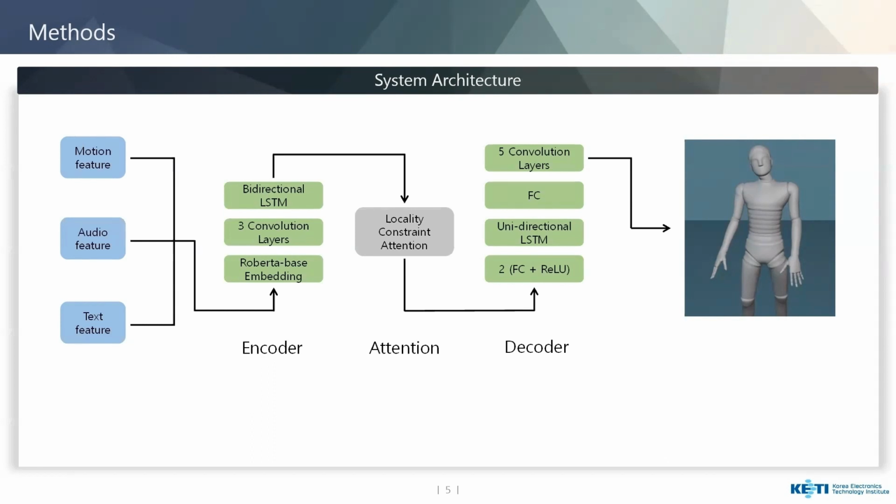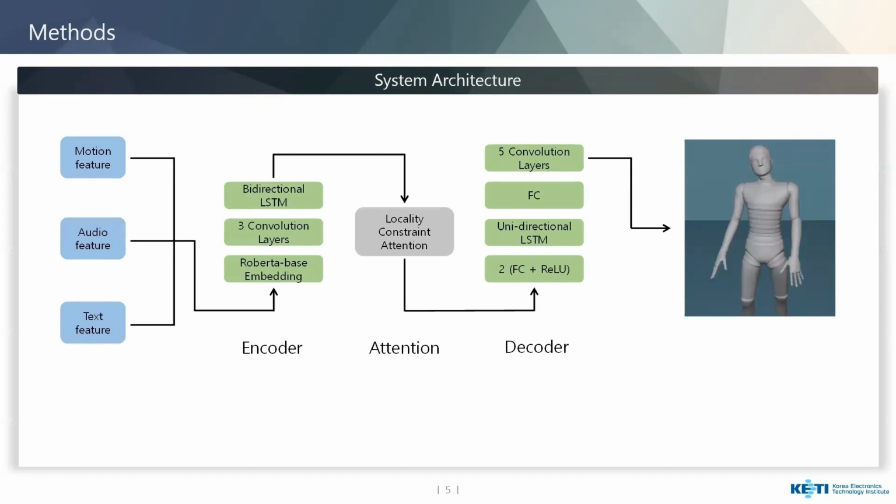The decoder consists of two pre-connected layers, a ReLU activation function, a one-way LSTM, a fully connected layer, and 5 convolutional layers. It combines the alignment information obtained through the attention with the gesture features generated at the previous time point to generate the gesture features at the next time point.